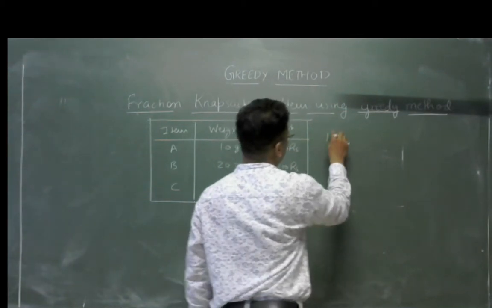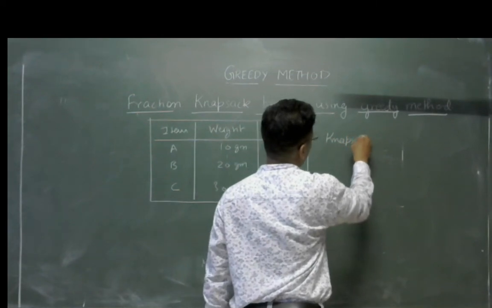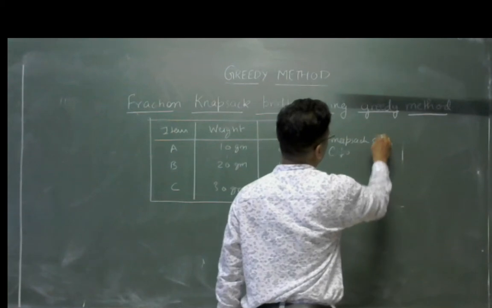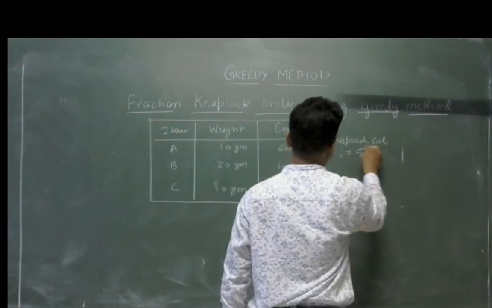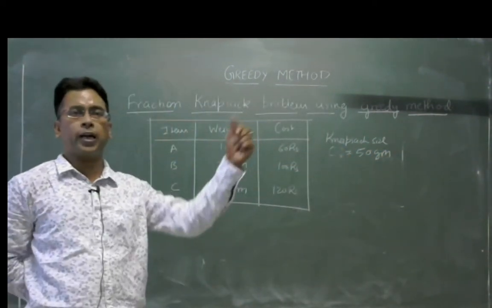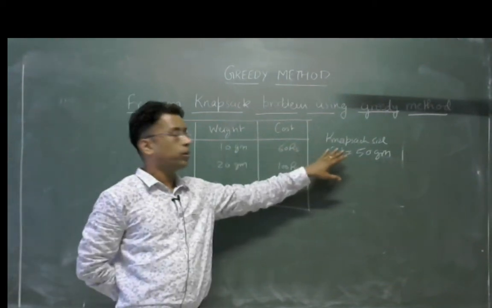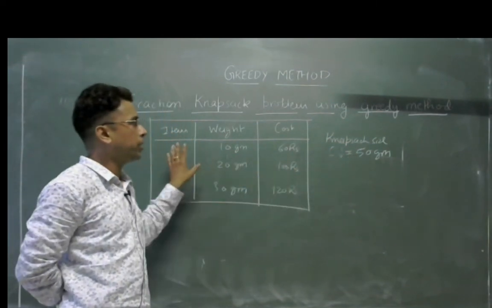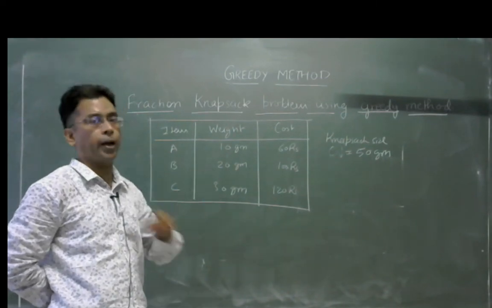The knapsack capacity, in simple words the size, is equal to 50 gram. You have to fill a sack which has a capacity of 50 gram, and we have to fill the items in such a way that we get the maximum valuable items in the bag.